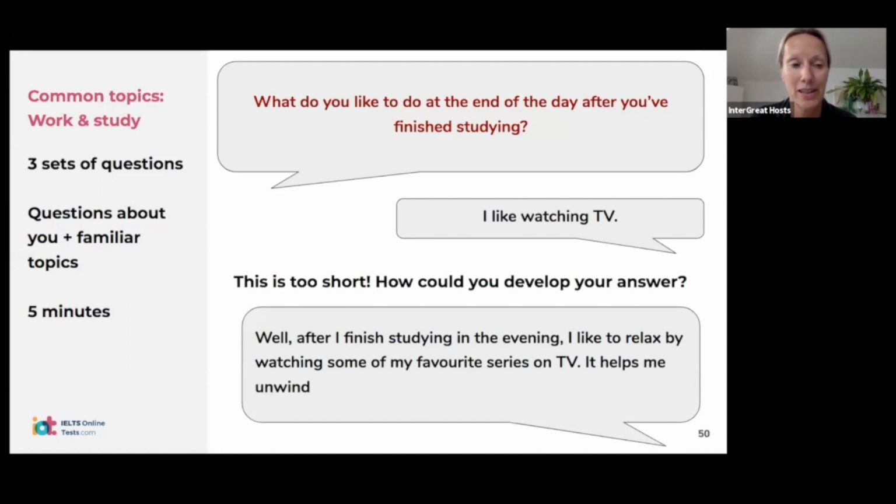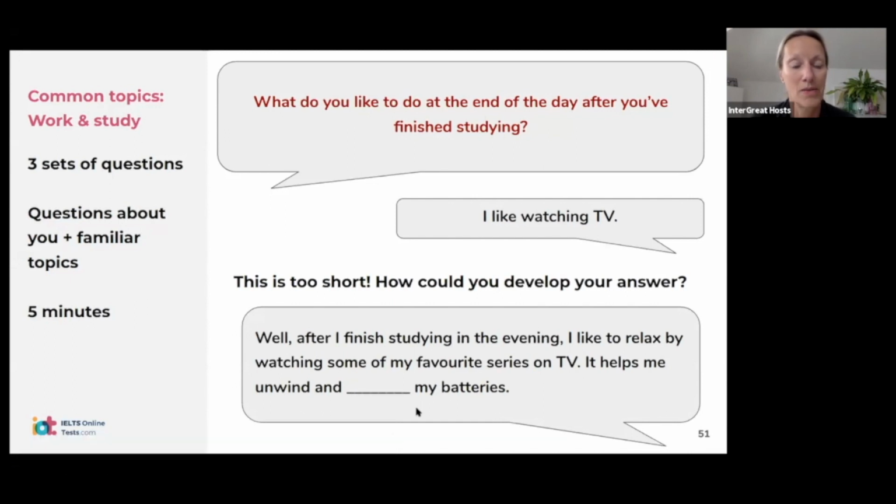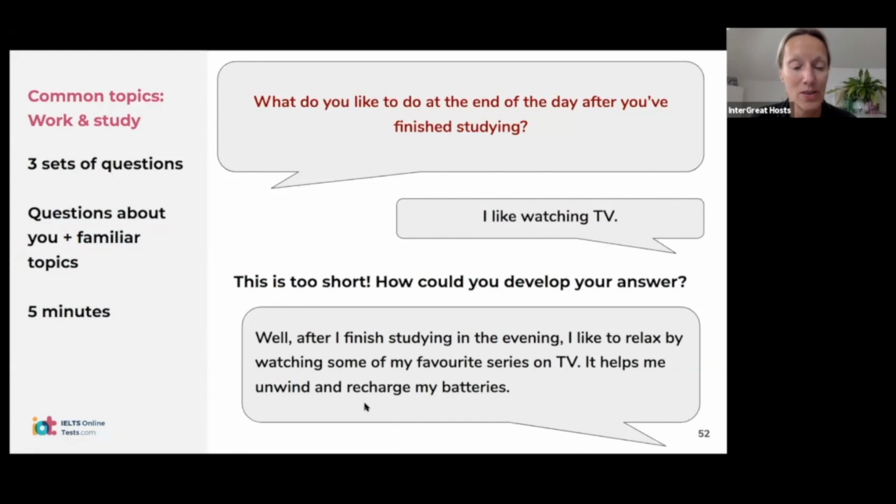Somebody used this expression before. Which word goes in here? Recharge, yes. As I mentioned just now, it's really a good chance for you to use some colloquial expressions, the kind of expressions that we use quite naturally.